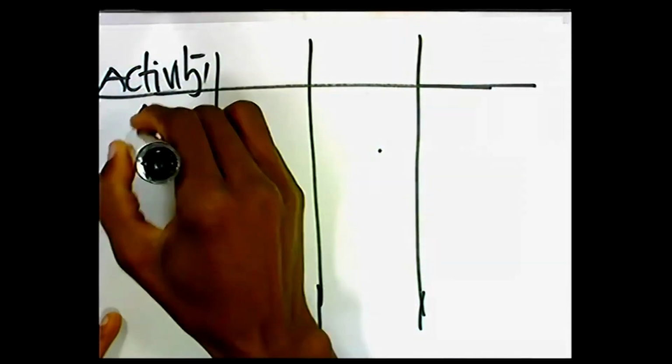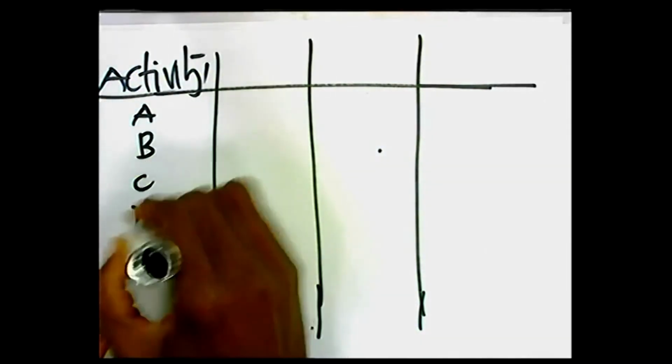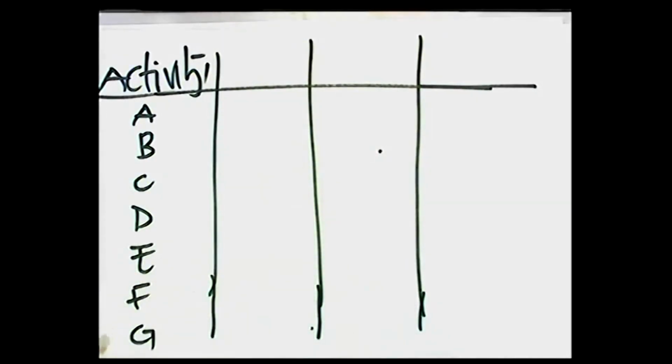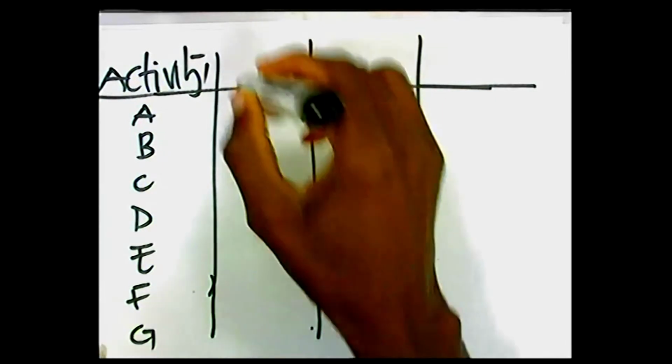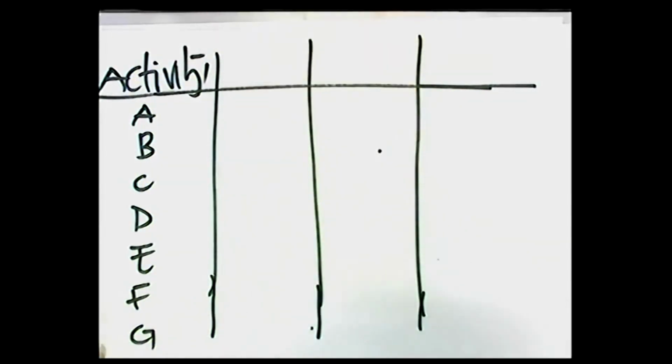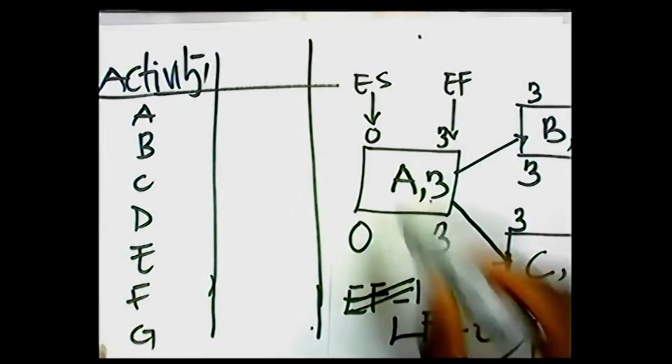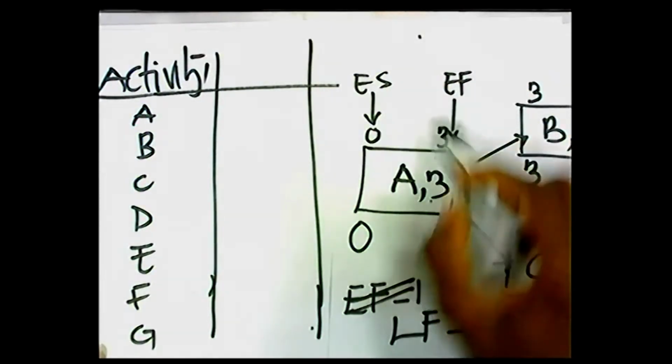I have A, B, C, D, E, F, and G. Then the next thing is, I am right-handed, so normally I prefer this pair to this pair.